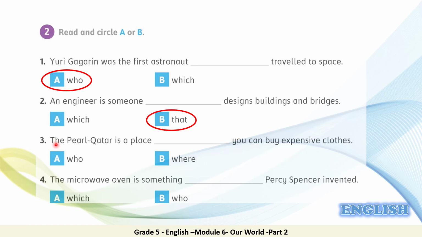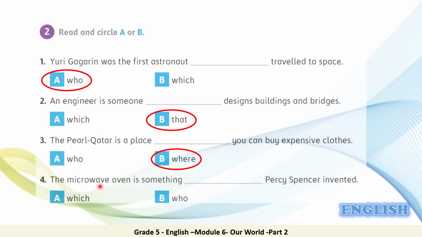Number 3. The Pearl Cutter is a place blank you can buy expensive clothes. Who or where? Look at this word, place. Which word refers to places? Who or where? Amazing. Where? Number 4.